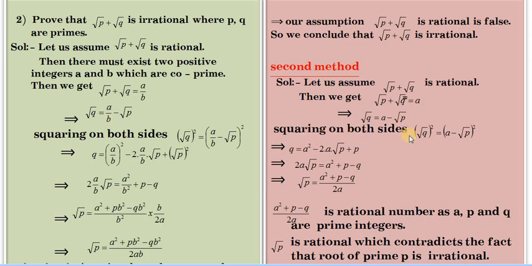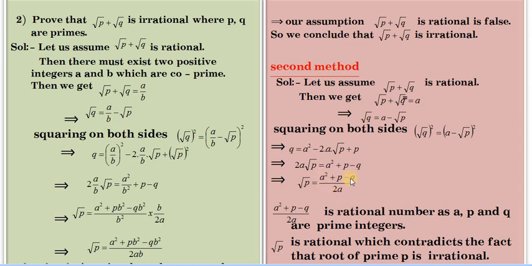Now squaring on both sides, root q whole square is equal to a minus root p whole square. So that implies q is equal to a square minus 2a into root p plus p. So that implies 2a into root p is equal to a square plus p minus q. From this, if we transform 2a to the right side, root p is equal to a square plus p minus q by 2a.